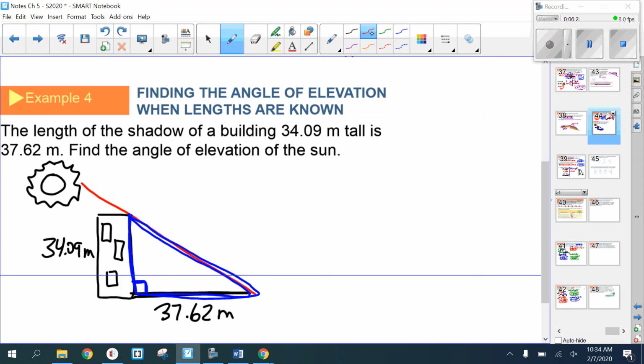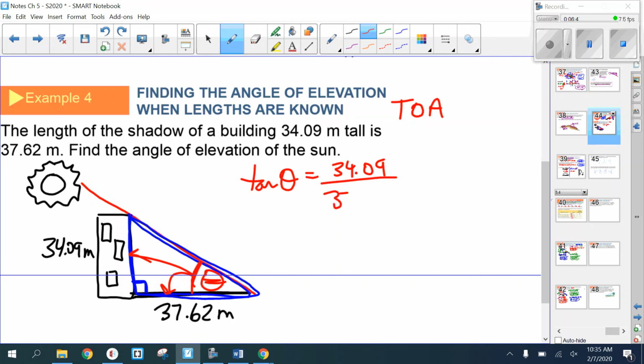They're looking for this angle right here. Again, go back to SOHCAHTOA and look at what we have. We've got the opposite side and the adjacent side, so that's tangent. Tangent theta equals opposite over adjacent.